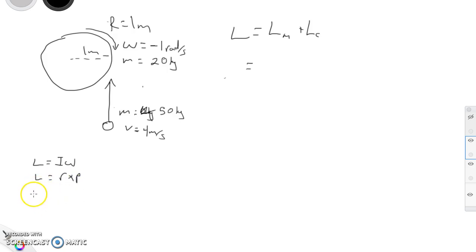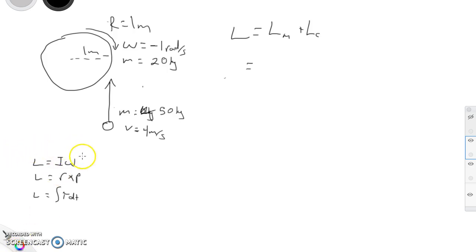It's also equal to the integral of torque with respect to time. So these are 3 different ways we could find this, and for each piece we're going to have to decide what to use. So let's start with the merry-go-round. Which of these 3 do you think we should use and why?